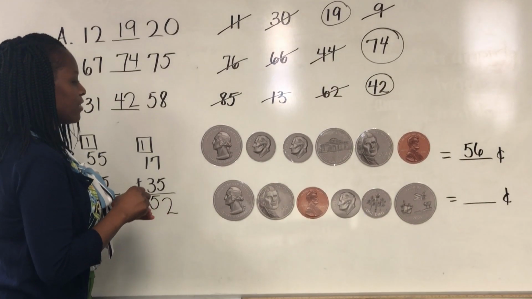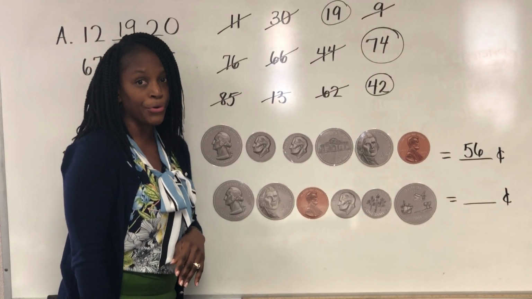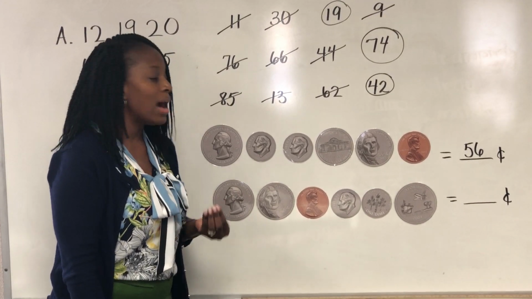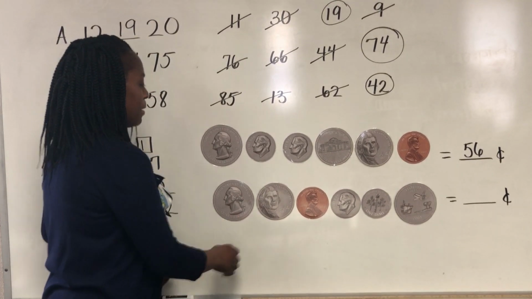Now let's take a look at our next row. My coins are all in mixed order, so I need to make sure that I'm counting from greatest value to least. So I need to rearrange my coins.